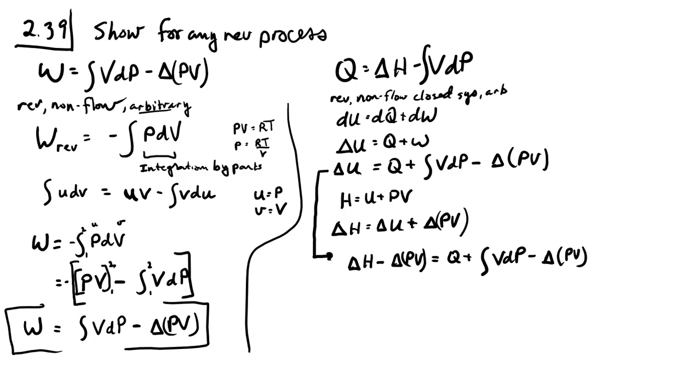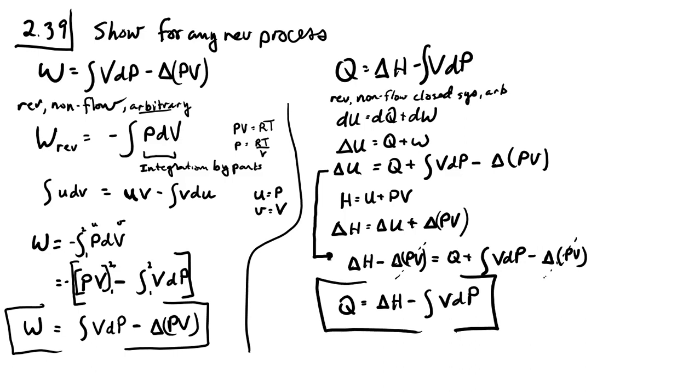All right. So what do we have here? The delta PVs are going to cancel, right? And we're left with Q is equal to delta H, and then we move this to the other side, so that's minus V dP, and that's our answer.